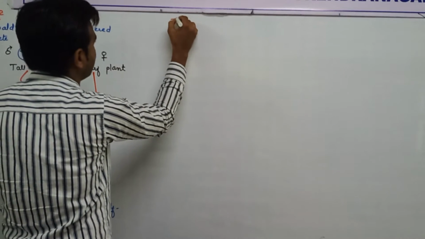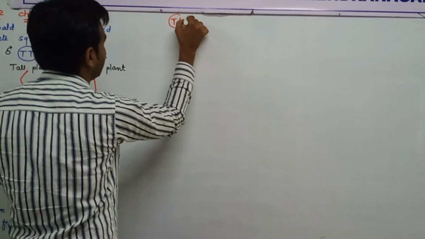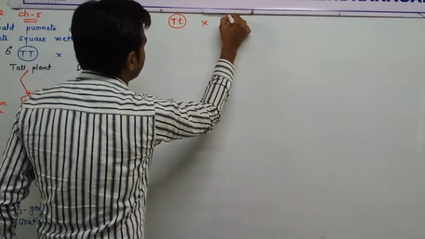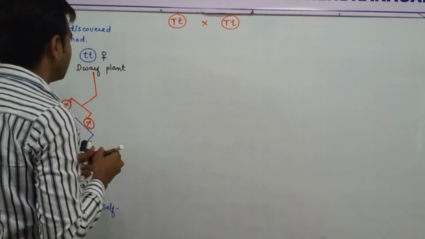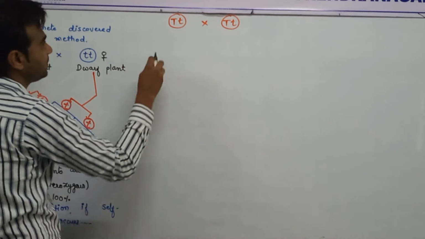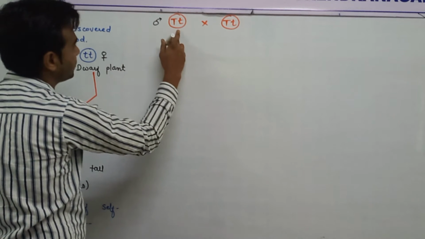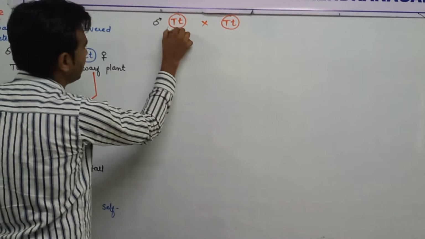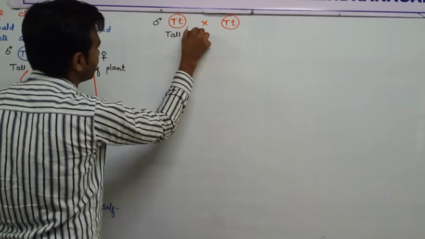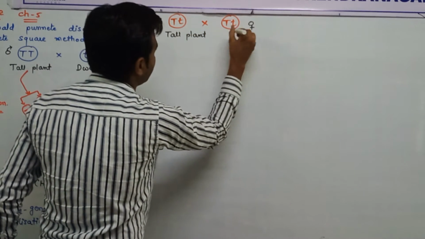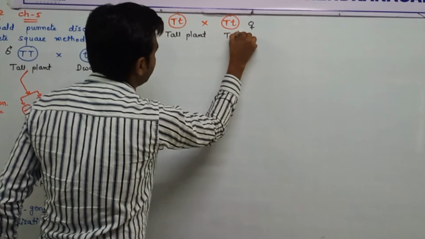Capital T small t crossed with capital T small t. As you know, here we can take this plant as a male plant. So capital T small t is the genotype and the phenotype is tall plant. Here this is the female plant and this is also a tall plant.